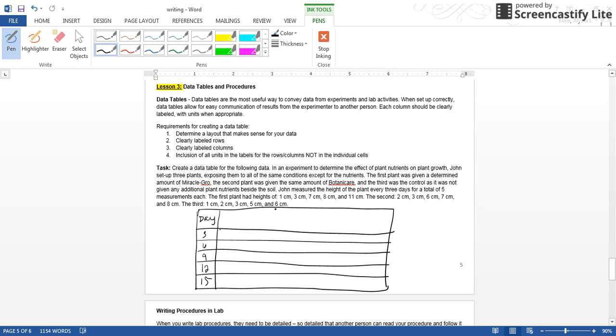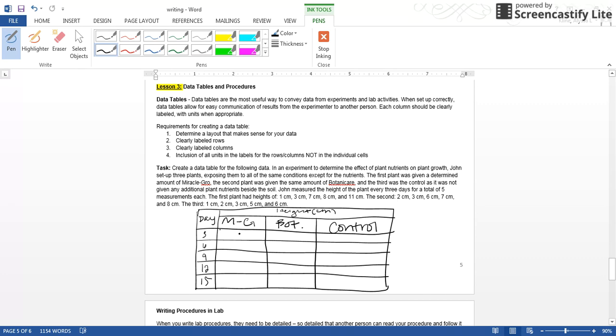And then over here, I'm going to label this as the height in centimeters. And I'm going to clarify this a little bit more so it makes the most sense. So I'm going to label this as Miracle-Gro. And then we're going to have a spot for that. I'm going to have a spot for Botanicare. And then I'm going to have a spot for the control.